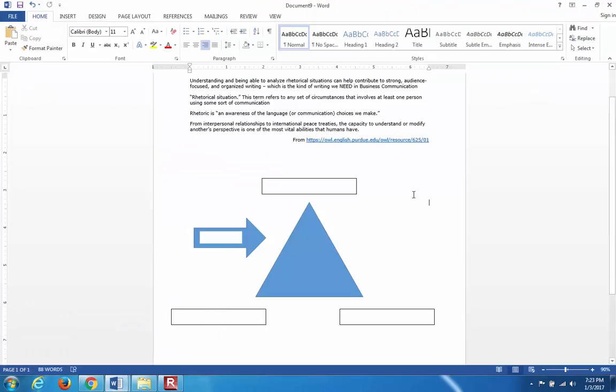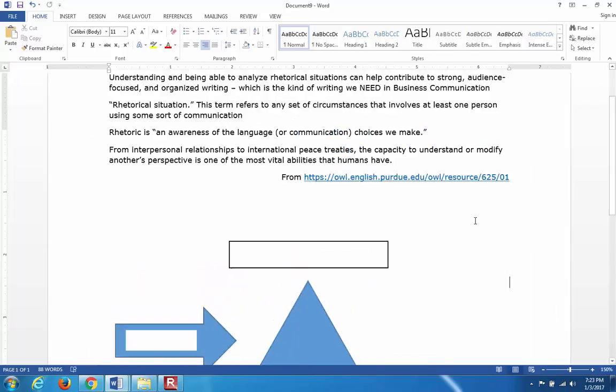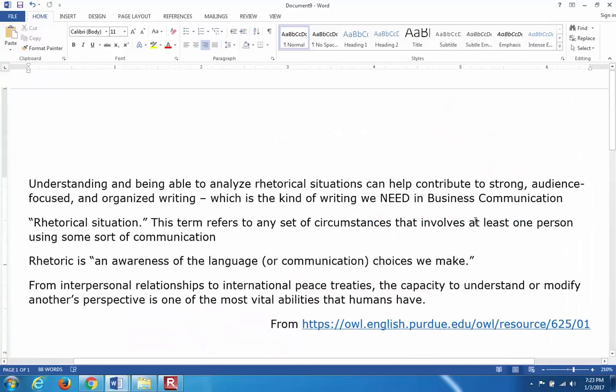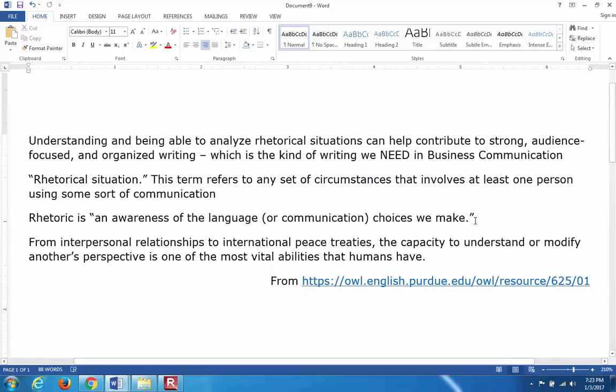If I go back to core things in writing that you might remember from first year writing, I want to talk about what's called the rhetorical situation. Because understanding and being able to analyze rhetorical situations is how we are going to create audience-focused, organized writing. The term rhetorical situation just means the circumstances, the context of any type of communication.